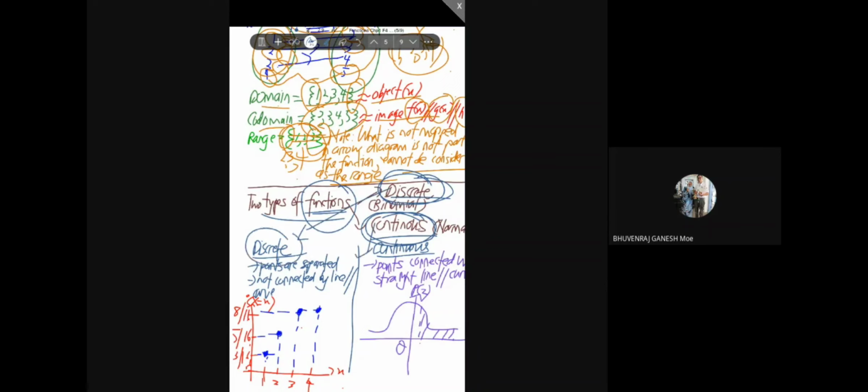Discrete means it's separated. It cannot be connected by a line or a smooth graph. It means separate and individual cases. Whereas continuous, the points can be connected. It means there is a relation between them and it can be connected with a straight line or curve.